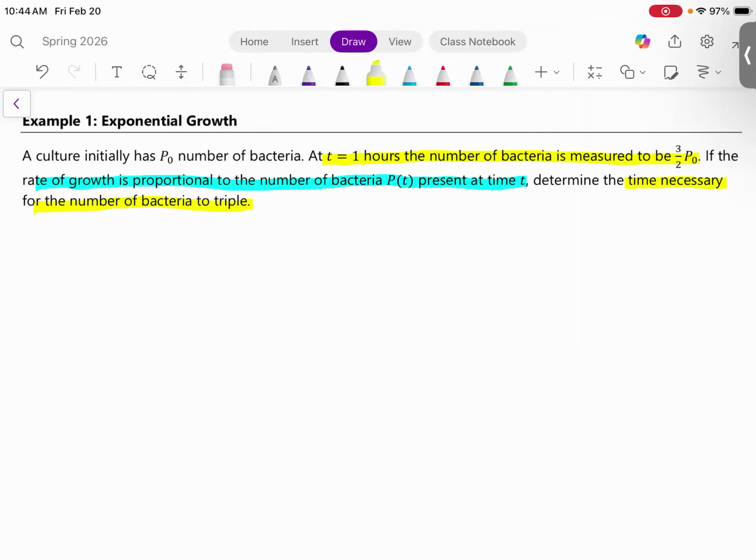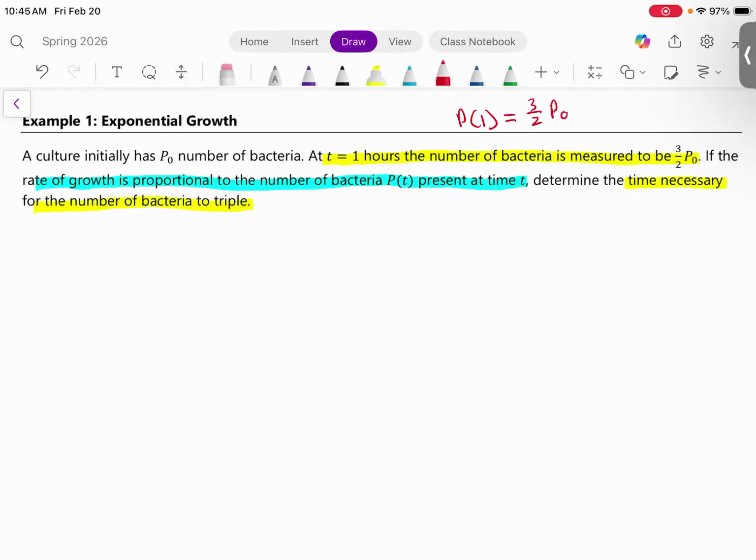Okay, so let's pick out a couple of things here. We are given that at t equals 1 hour, the number of bacteria is 3 halves times the initial population. So one thing we have here is a condition, 3 halves P naught at time 1 hour.